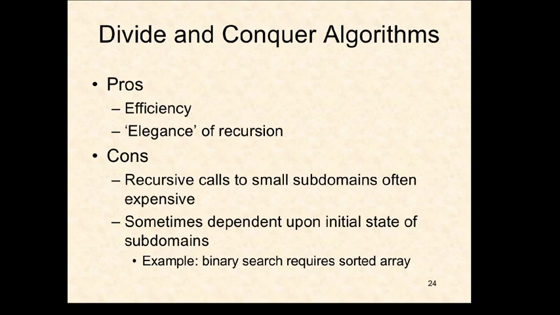So that's a couple of examples of divide and conquer algorithms. The nice thing about divide and conquer is we can get a good efficiency out of it. And we get, I put it in quote marks there, the elegance of recursion. The more recursion you do, the more you become comfortable with it. So like we've seen recently, in-order, pre-order, post-order traversals all involve recursion. The downside is that if we start out with a big problem, we're going to have lots of base cases.